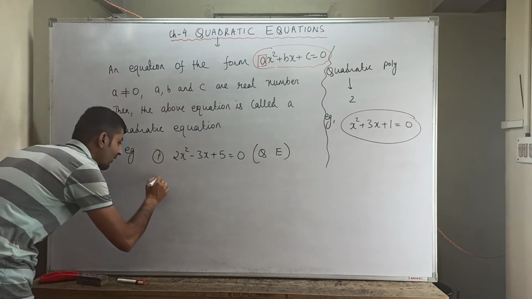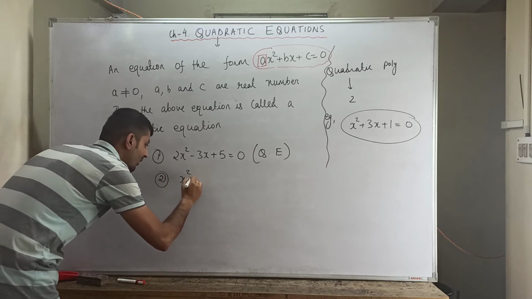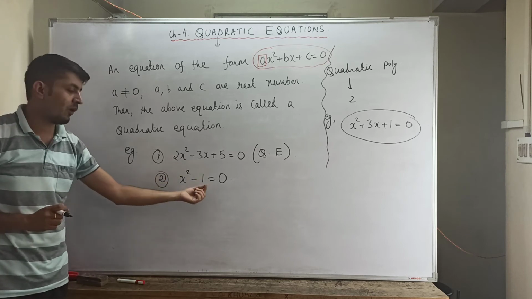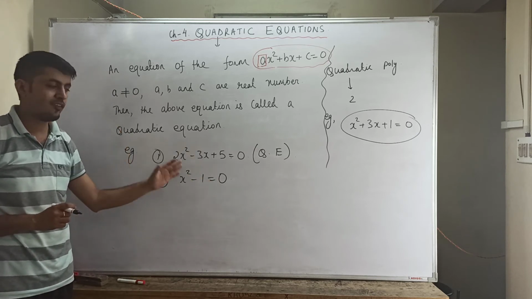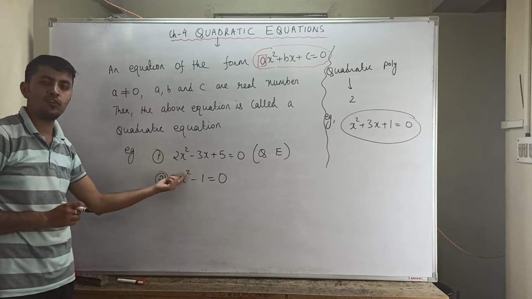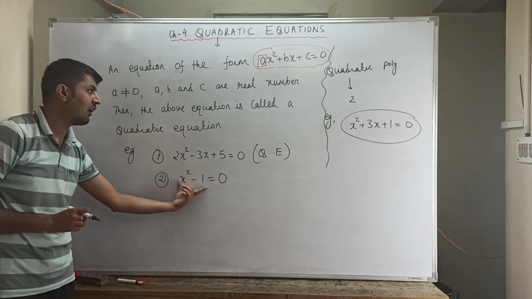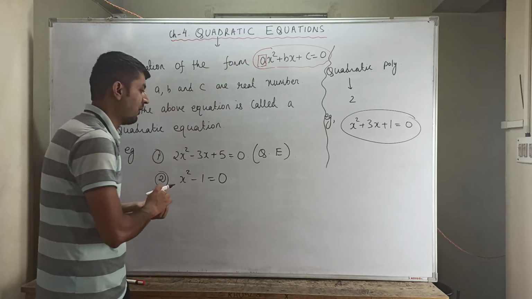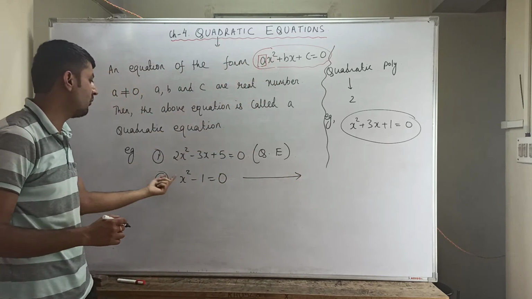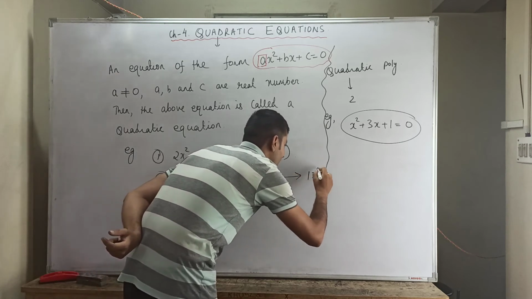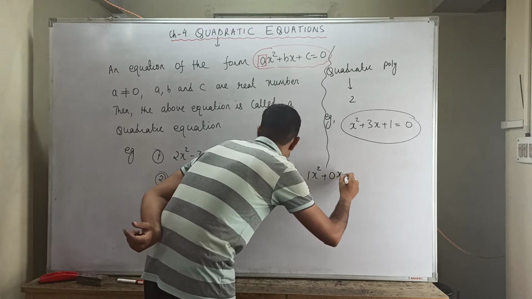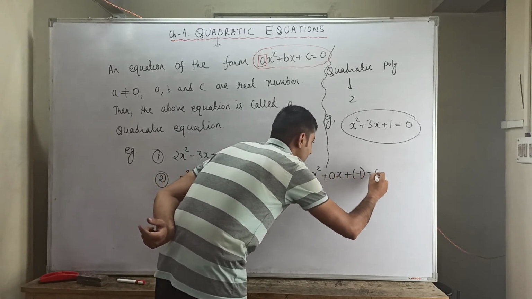Let us take some more examples. Suppose x square minus 1 equal to 0. Here x is missing, but the highest degree is 2. If you write this in the general format, it will be 1x square plus 0 into x plus minus 1 equal to 0.